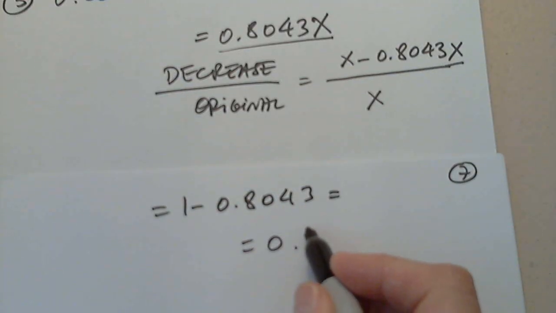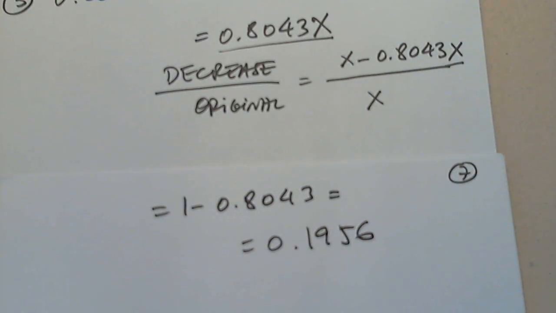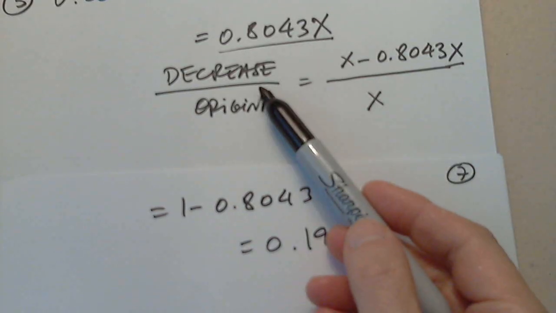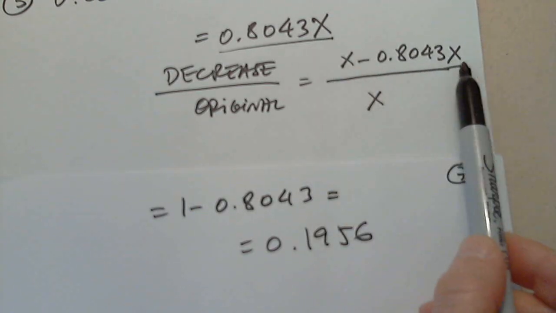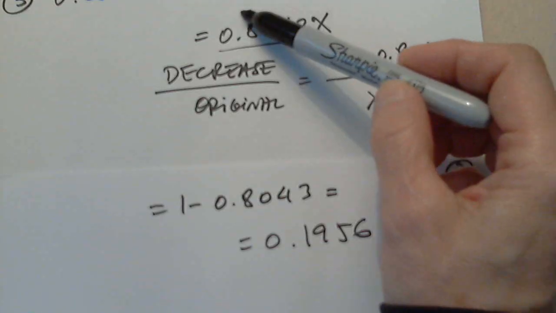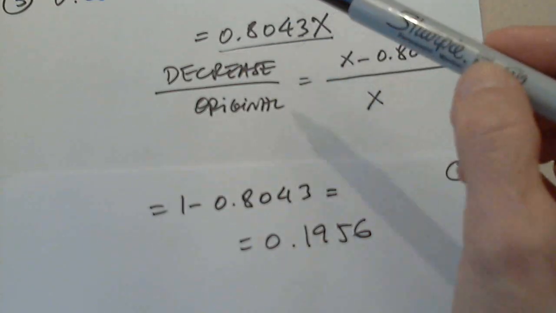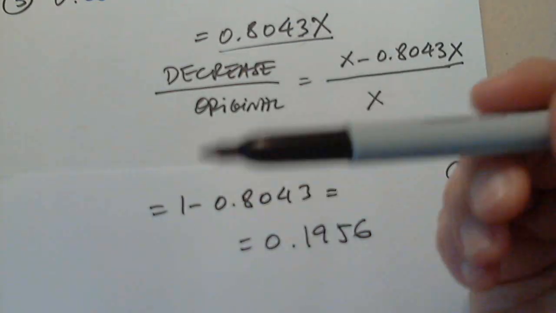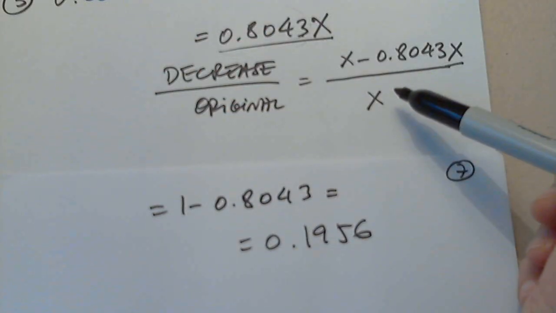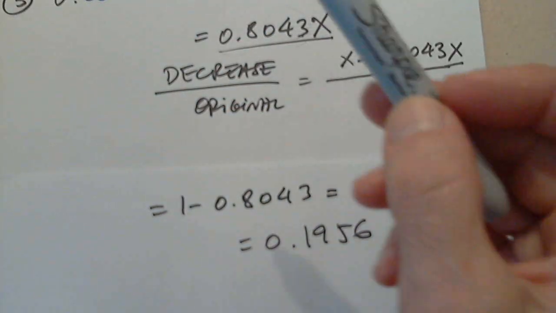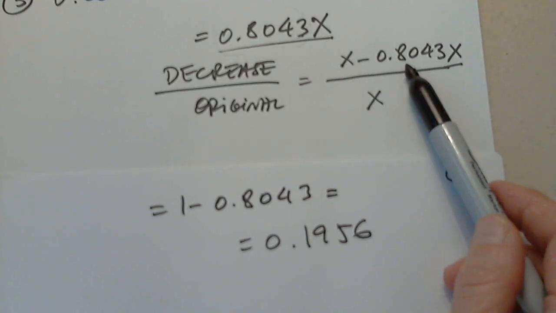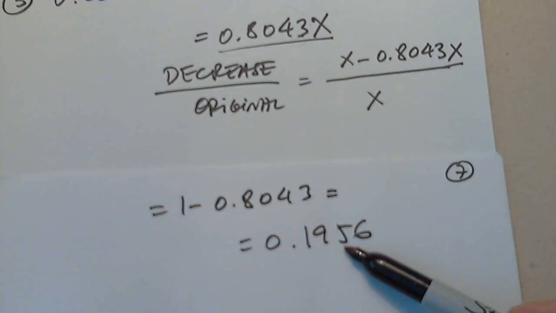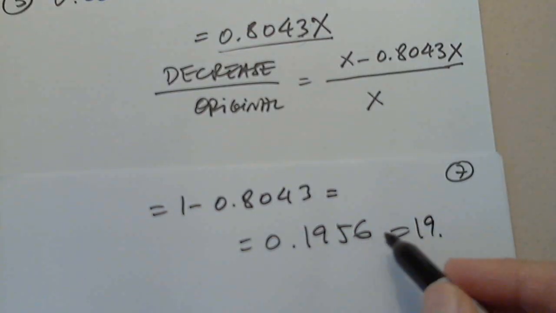So 0.1956. So the decrease is from the original minus what I got. So that's because they don't want where I ended up. They wanted a percent decrease of the original. So they want this subtracted from 100%. 100% minus 80%. So I got basically 19.56.